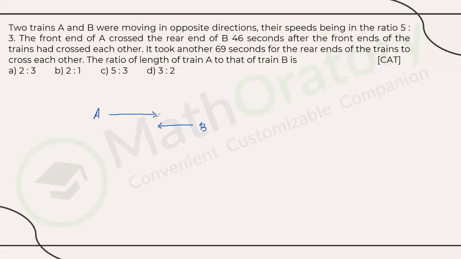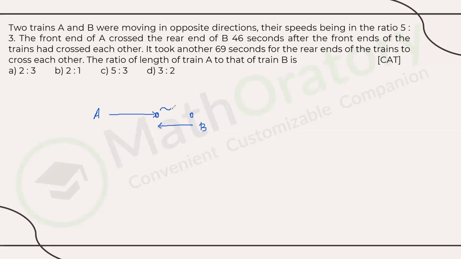Suppose the arrowhead is indicating the front end of each train, and the back of the arrows are the rear ends. If this is the point at which the front ends are just meeting, 46 seconds after that, the front end of A crosses the rear end of B, so this particular point reaches here.